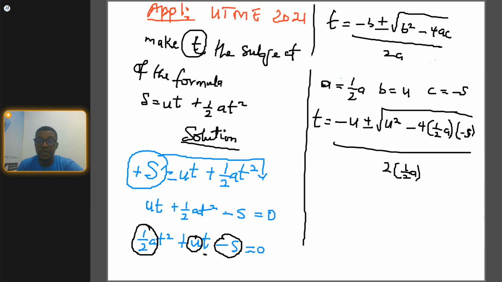So let's proceed. We can say here that 2 cancels 2, so 2 is gone. Do you agree with me? And here also 2 and 1, 2 here is 2. Do you agree with me?